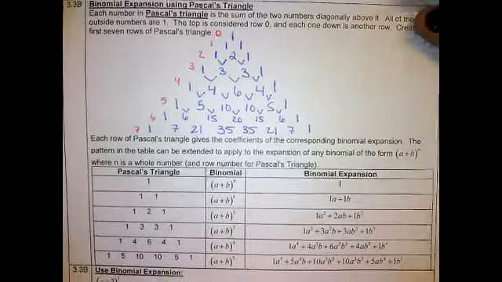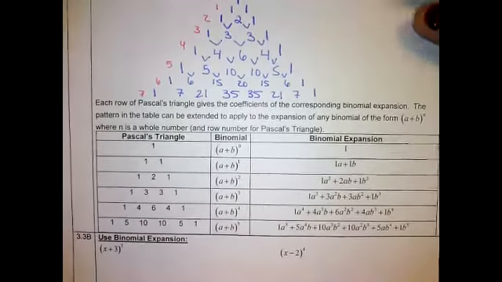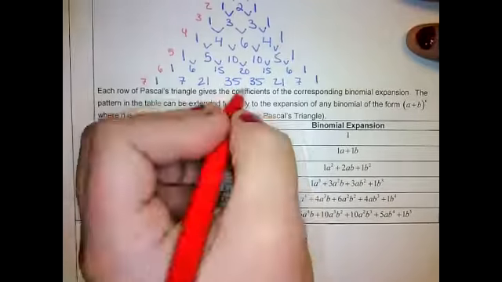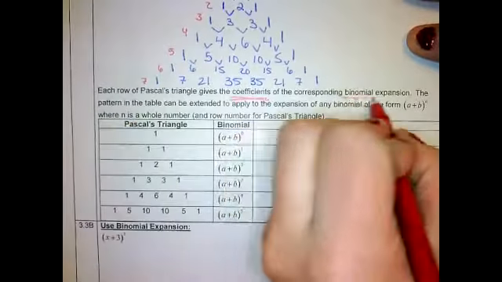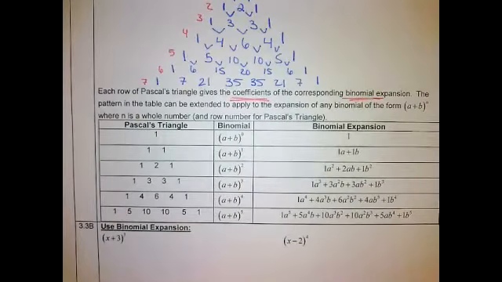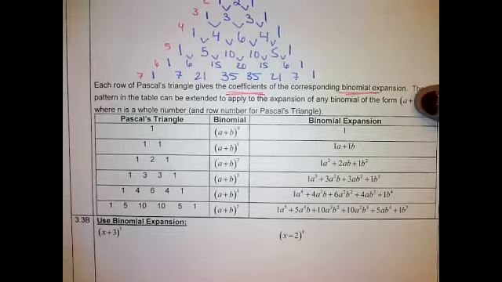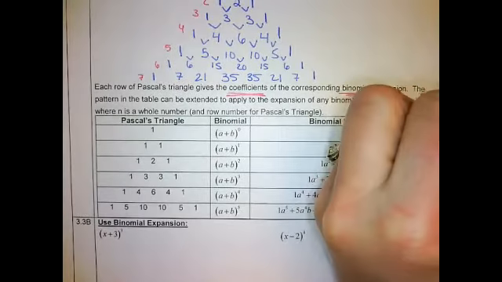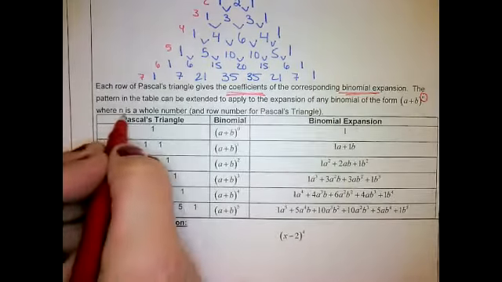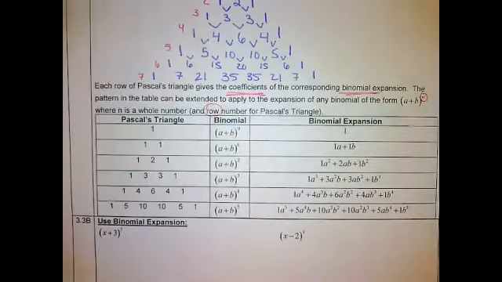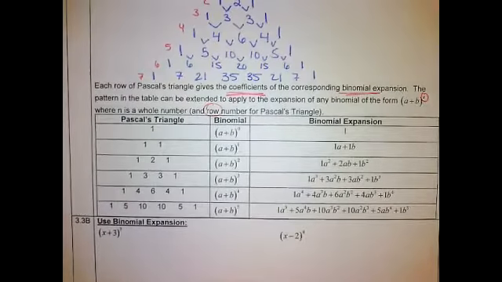Each row of Pascal's triangle gives the coefficients of the corresponding binomial expansion. So the pattern in the table can be applied to the expansion of any binomial: a plus b to the n power, where n is a whole number and it's the row number for Pascal's triangle.